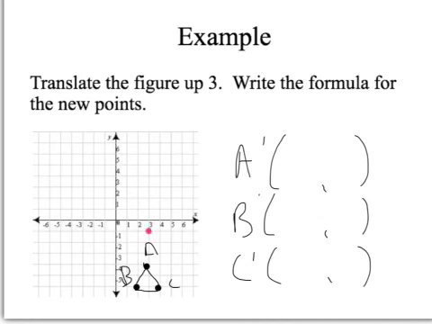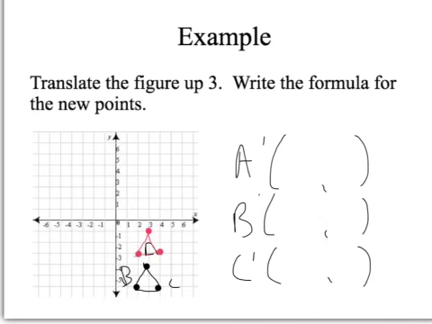If I take my B point, move it up 3, 1, 2, 3, it would be right here. And finally, if I take my C point, move it up 3 spots, it's in that area. And then connect the 3 points to make the triangle.